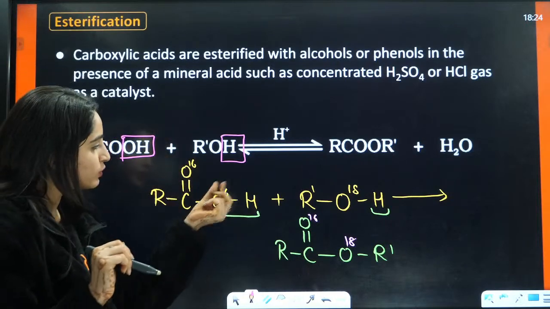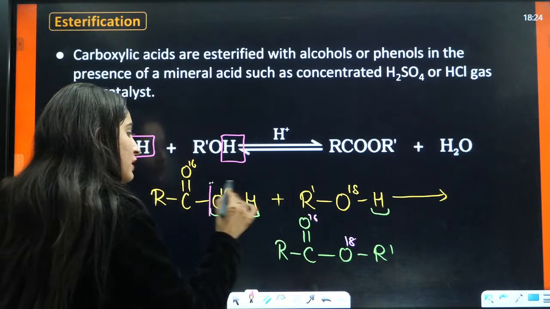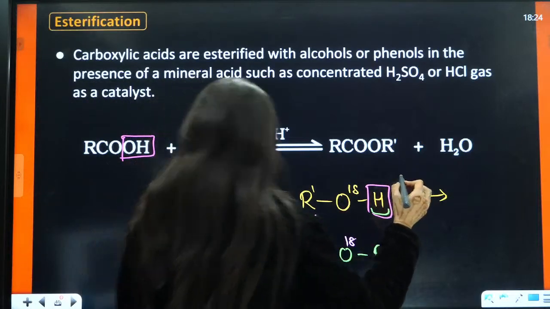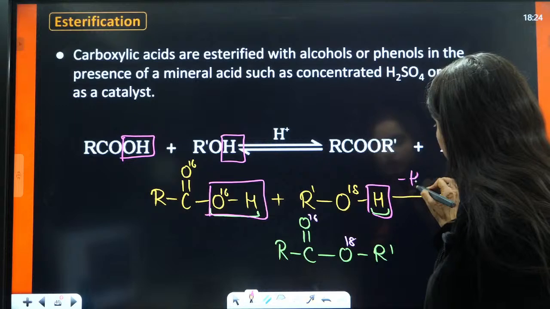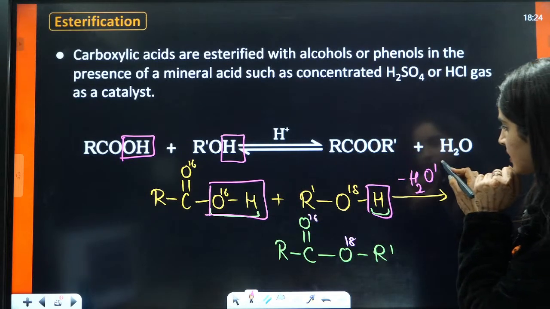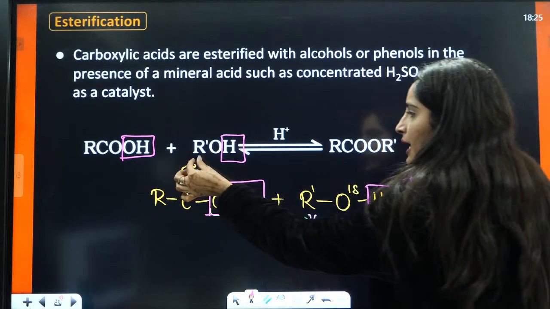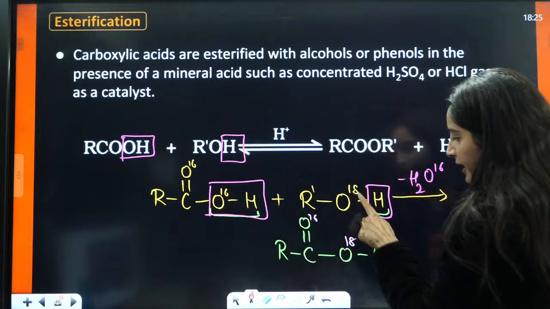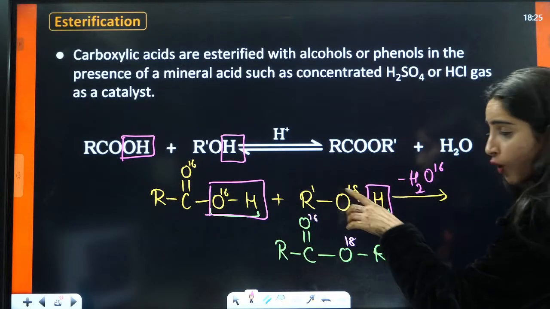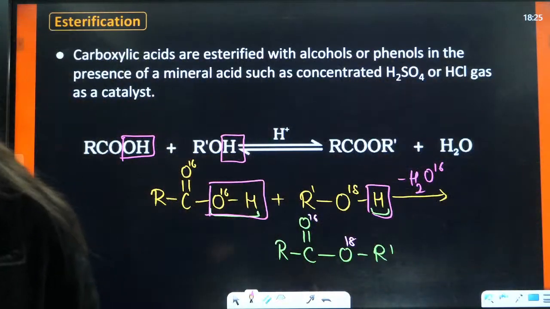So you will have H2O, and this oxygen in the water will be 16. Here you will have O16, and the oxygen attached from the alcohol is O18, right? Is that clear to everybody here?